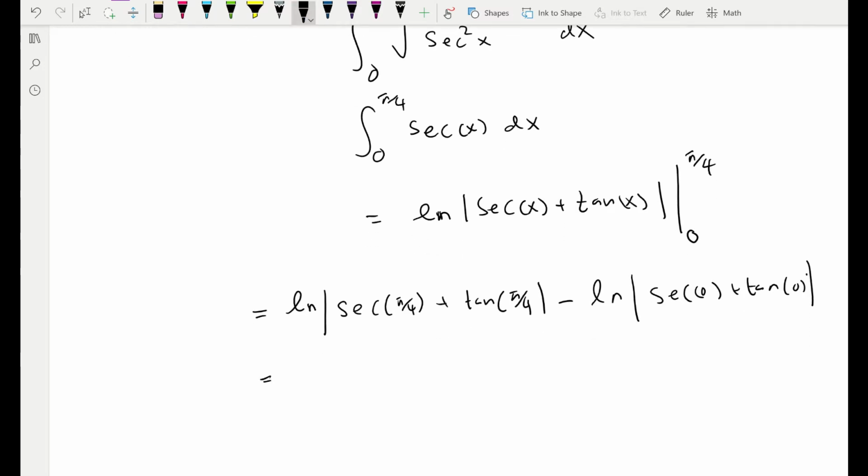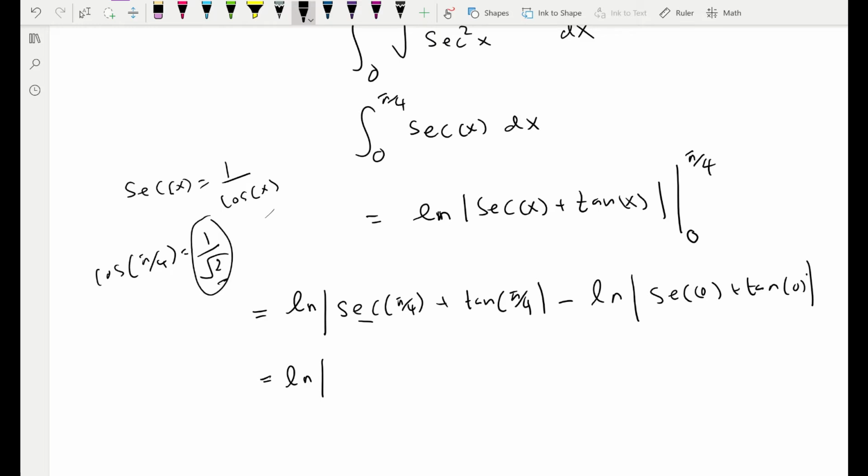Natural log secant pi over 4: secant x is the same as 1 over cosine x. And cosine pi over 4, if you remember the unit circle, is 1 over square root 2. So 1 over cosine pi over 4 is the reciprocal of 1 over square root 2, so that's square root 2.